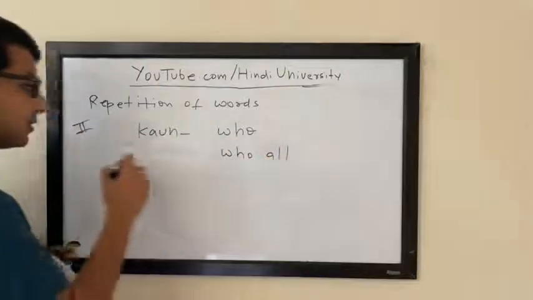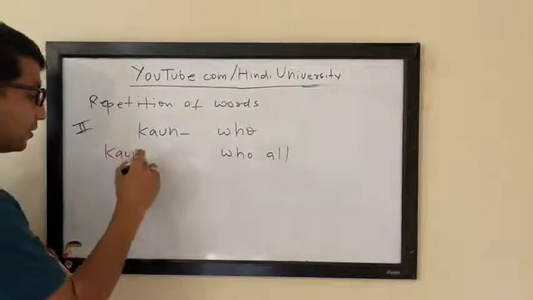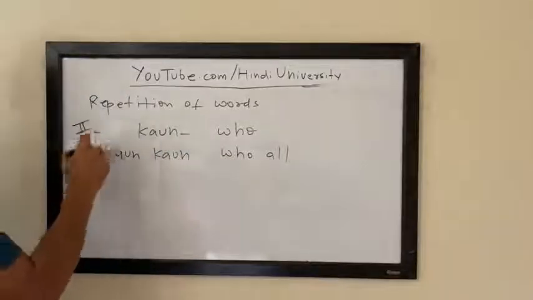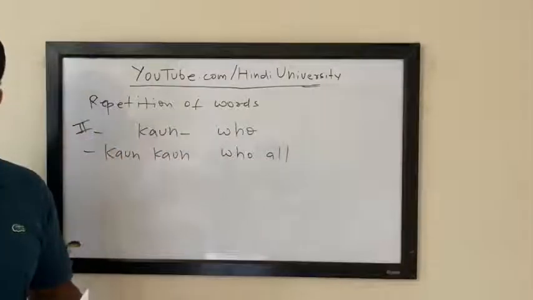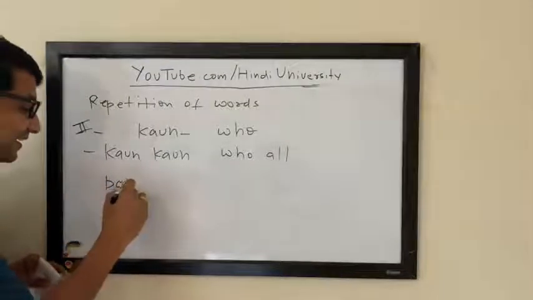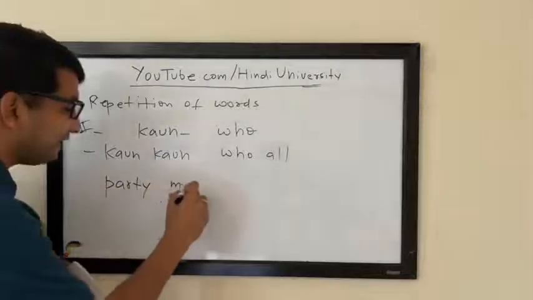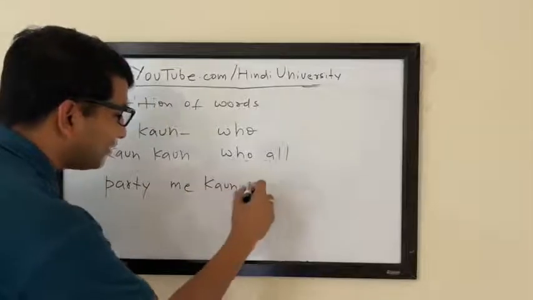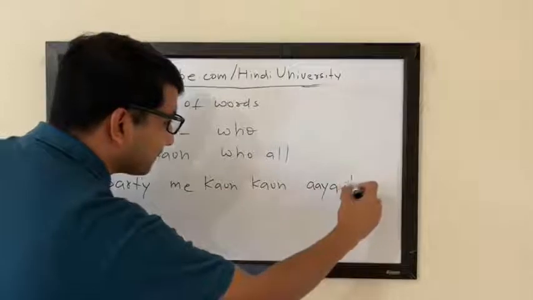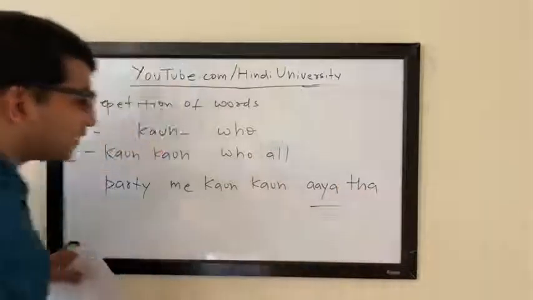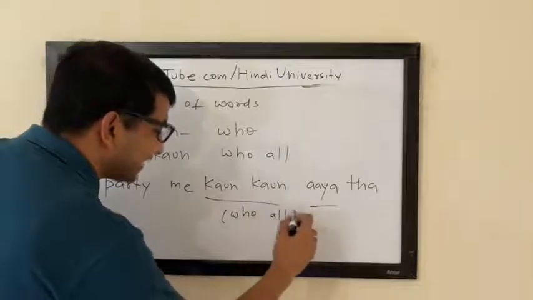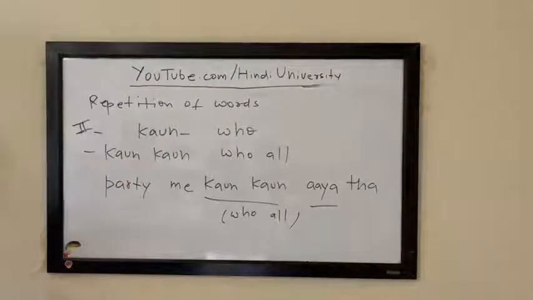Let's say Saraji had a party, she invited everyone except me. So I'll say, "Party में कौन कौन आया था?" Who all came to the party? It could also mean, let's say, you all came.